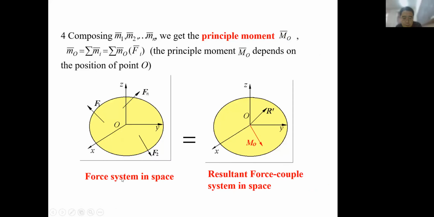This is the force system in space, and this is the resultant force plus couple system in space. This so-called resultant force plus couple system will have the same effect as the original force system in space, right? That's our principle. That means it is equivalent.